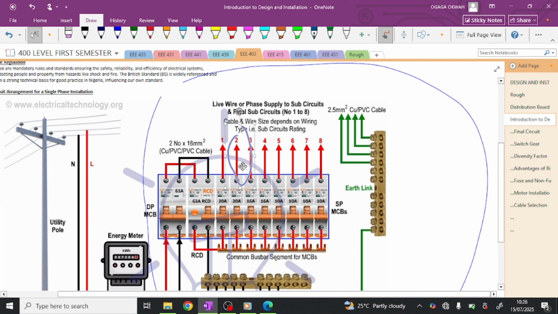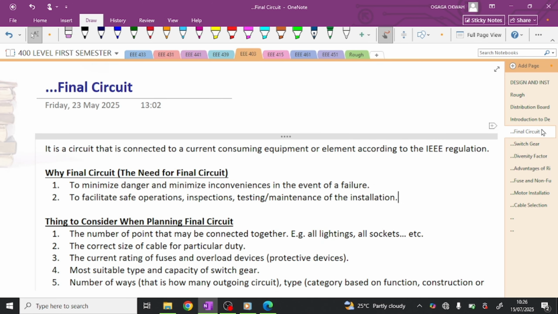So you can work on that line, make corrections and do maintenance, while there is still power going to your bulbs, fans, sockets and any other thing. With that, there is ease of maintenance. You don't need to shut power off the whole house. So these are the basic ideas of why we need a final circuit.